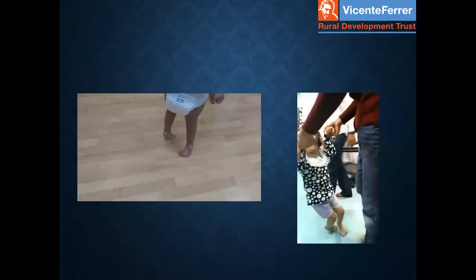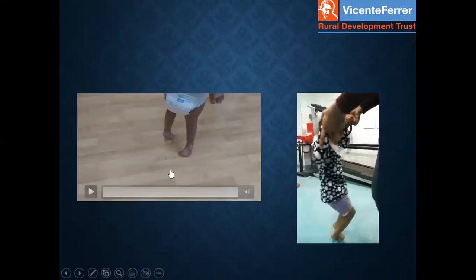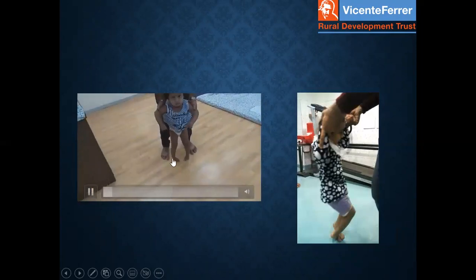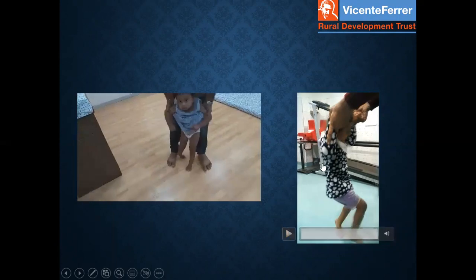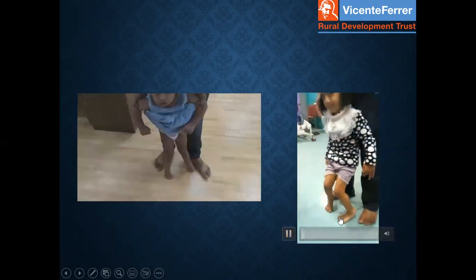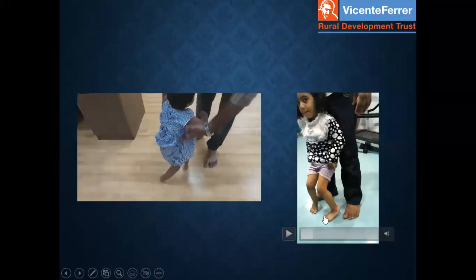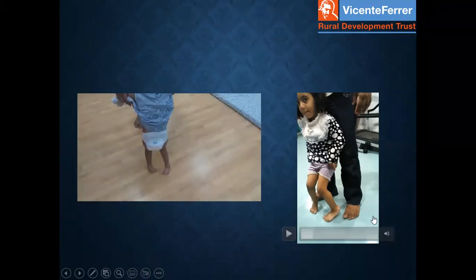What's happening in this gait? Just observe the angle between the foot and the lower leg. Here it is clearly more than 90 degrees. But here, the angle is reduced to almost 90 degrees. It is very clear in this image. So this is the apparent equinus phase.